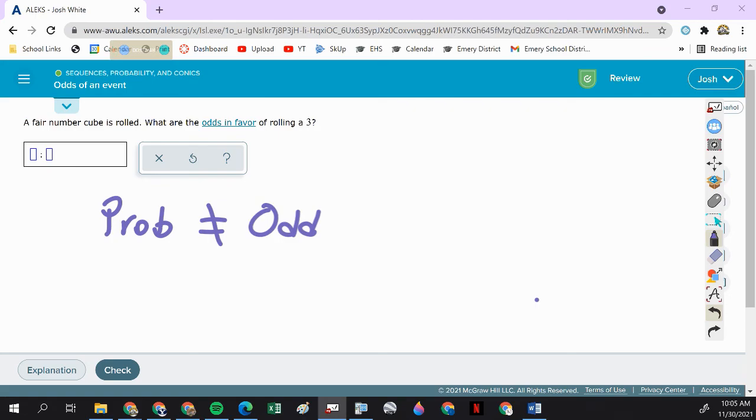Probability tells you the fraction or the percentage of something being likely to happen. So what would the probability of rolling a 3 be on a 6-sided dice? 1/6. Okay?